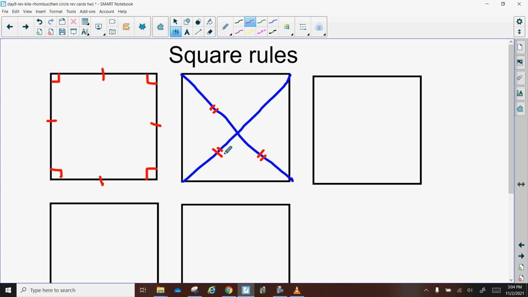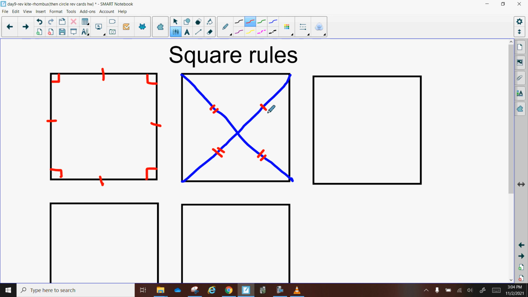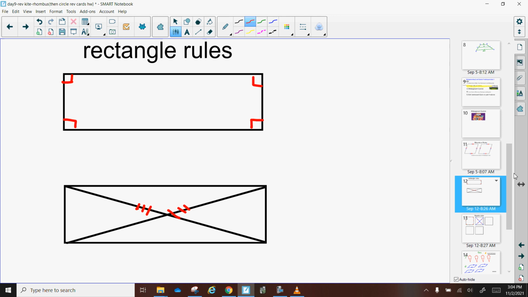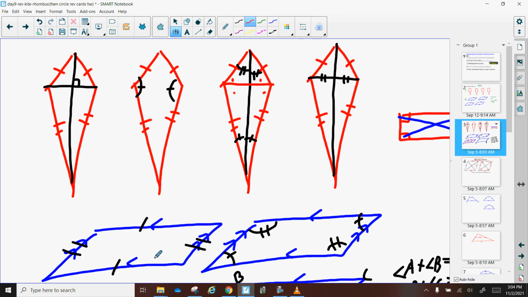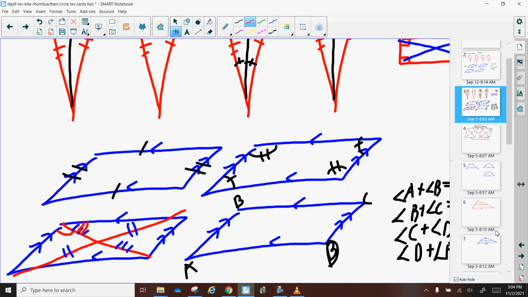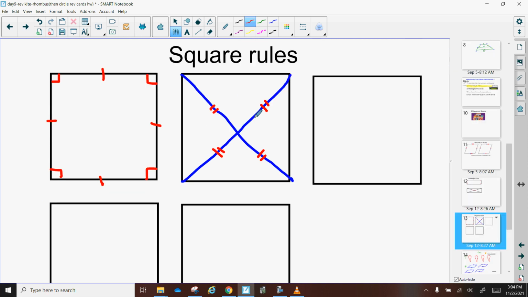But since a square is also a rectangle, and these diagonals have to be the same, both of these diagonals are going to be the same length. And since the diagonals are the same length and they bisect each other, because we know that in a parallelogram, remember from the beginning when we did a parallelogram, the diagonals bisect each other. Well, a square is a rhombus, which is a parallelogram, so the diagonals bisect each other.